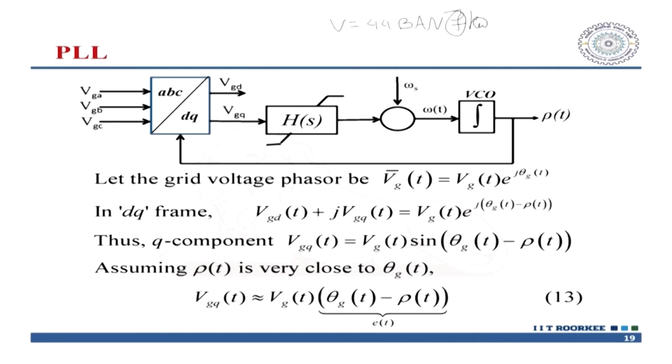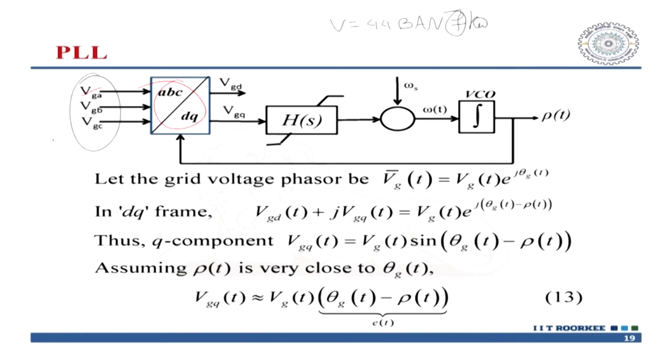So, for the 3 phase 3 wire system, generally we can generate one of the phases by subtracting the other two. You may not take one of the phases here. You can take any of the phases and go for the Park's transformation, but how will you generate the theta or rho?